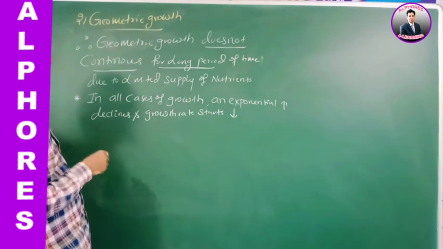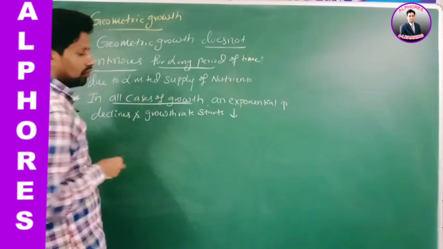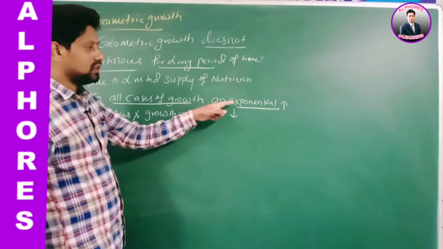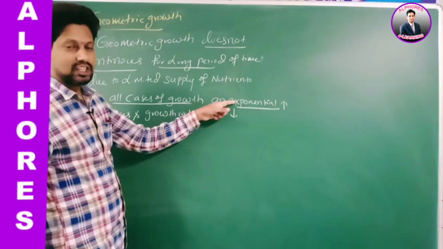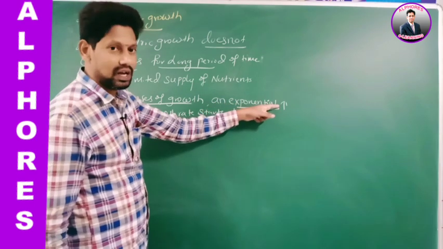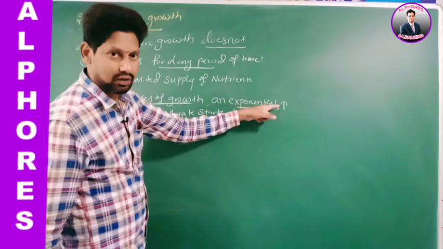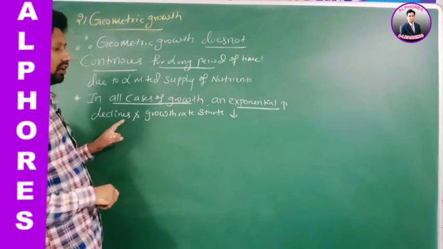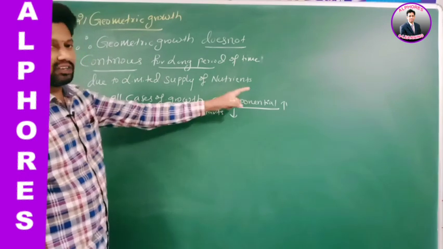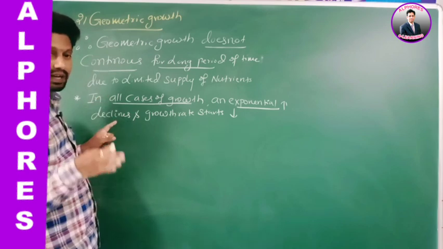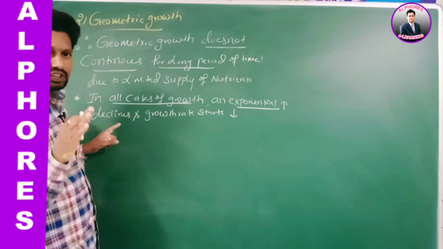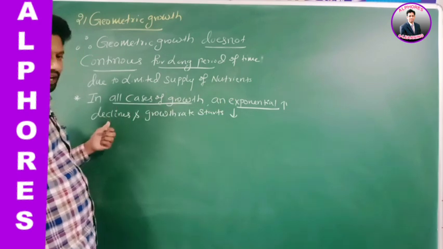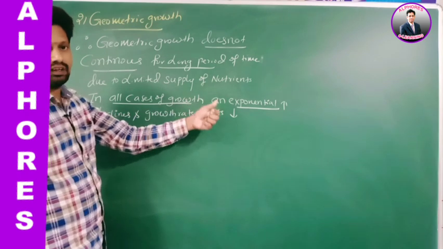I am speaking about the exponential phase. In the exponential phase, growth is fast. Therefore, growth is increasing at an exponential rate. After this exponential increase, the growth rate starts decreasing. The exponential increase declines because we are proceeding towards the stationary phase, senescent phase. So the growth rate begins decreasing.